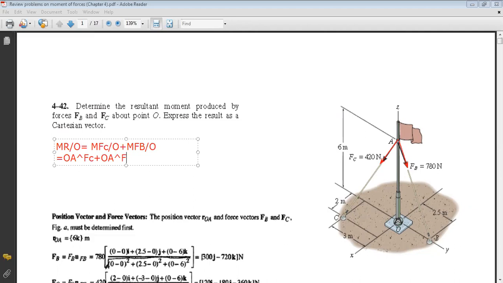And here, since I have OA in common between the two, so I will take OA into factor. So it's OA vectorial FC plus FB. Okay, so now all I have to do is to do the vectorial product.